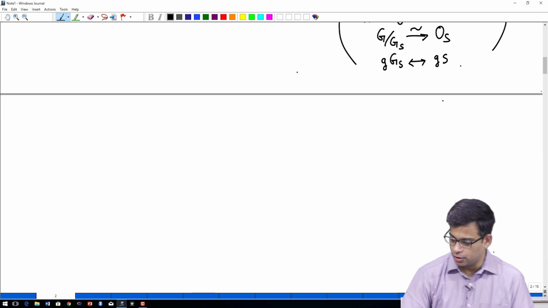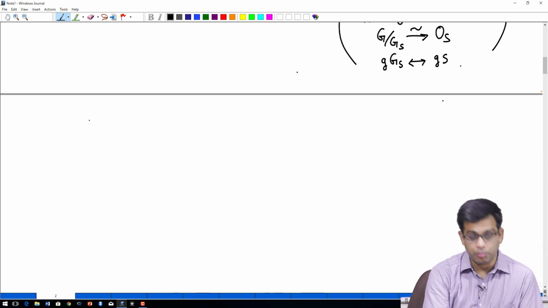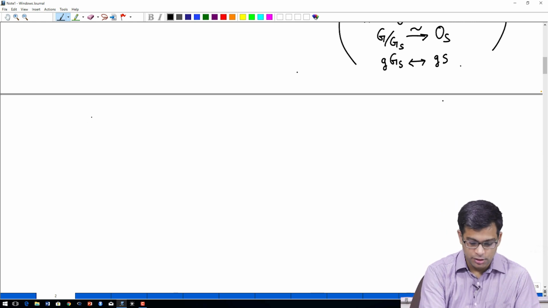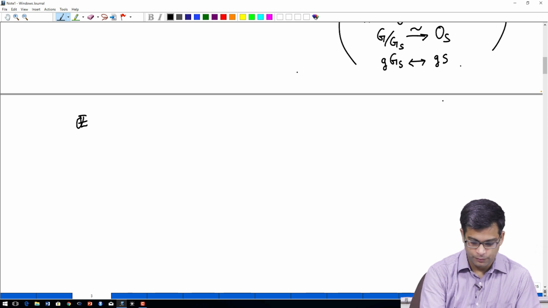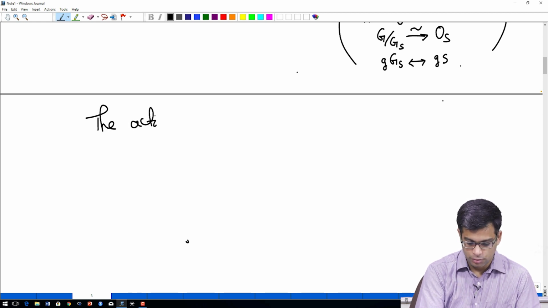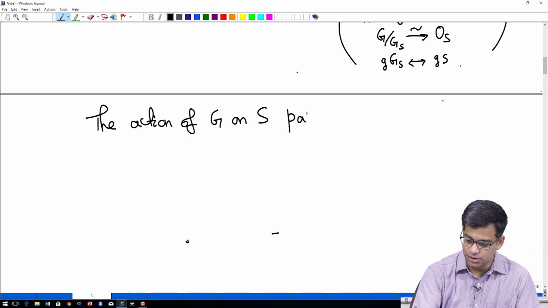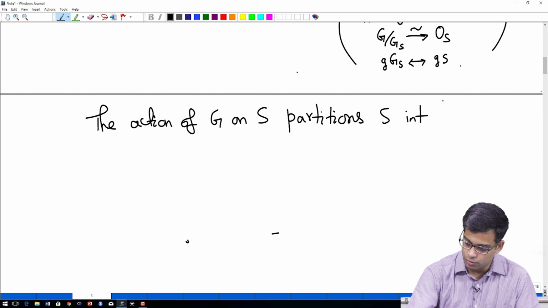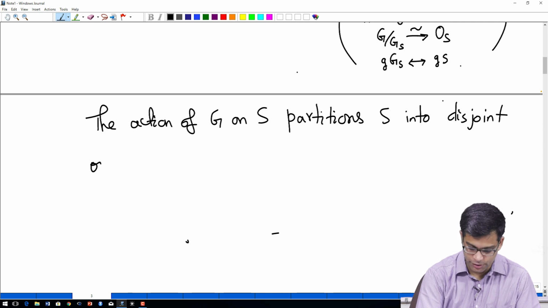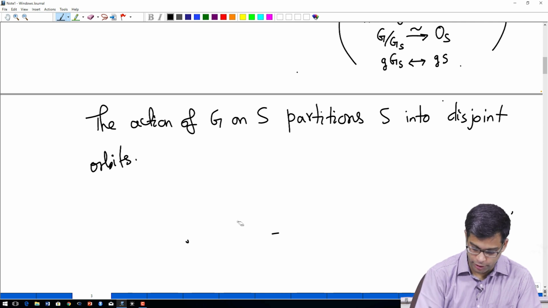And another important property of group actions is equivalence classes. The action of G on S partitions S into disjoint orbits, right.